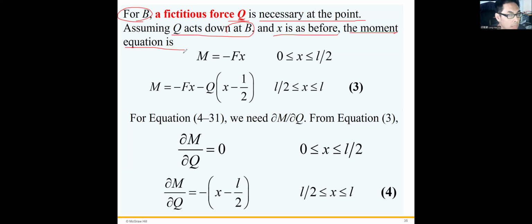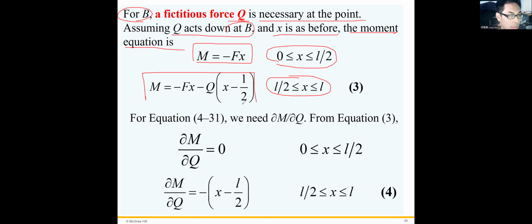There are two sections. From 0 to half L, the moment equals minus Fx. And the second section is from half of L to L, and the moment equals minus Fx minus Q times (x minus half L).